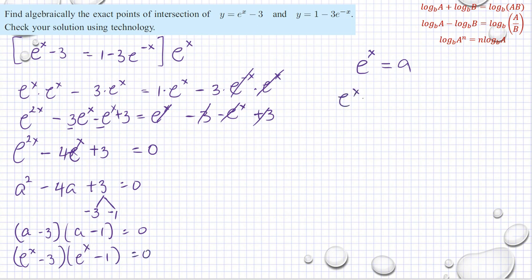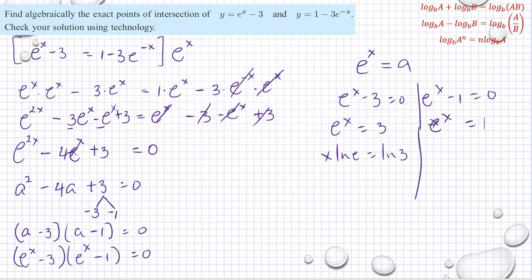e raised to x minus 3 is equal to 0, and then we have e raised to x minus 1 is equal to 0. Then e raised to x is equal to 3. Then we have x ln of e is equal to ln of 3. And then we have e raised to x is equal to 1.